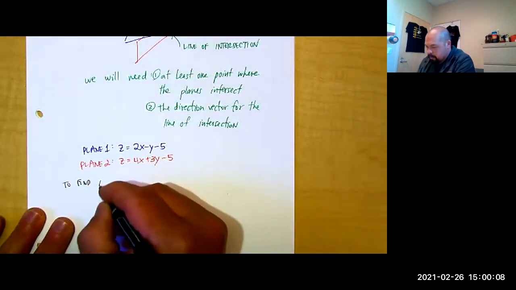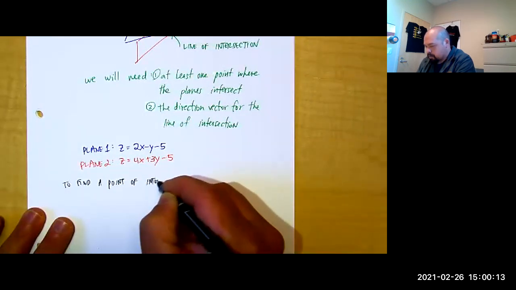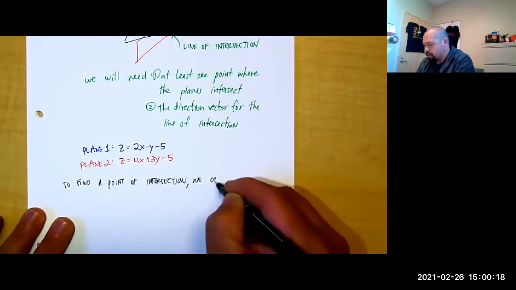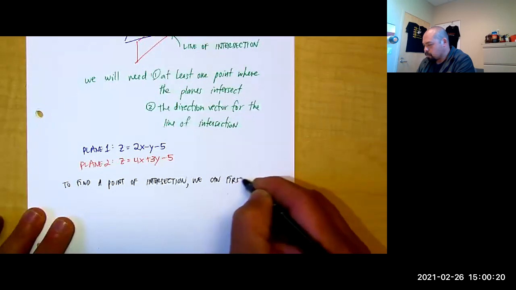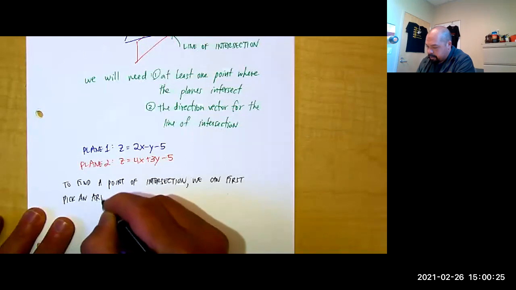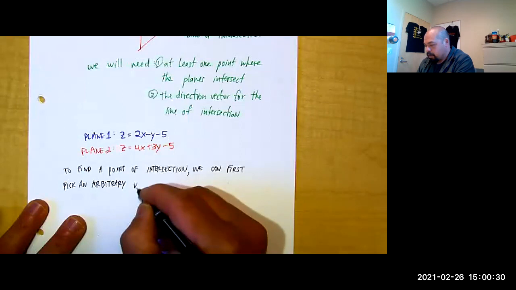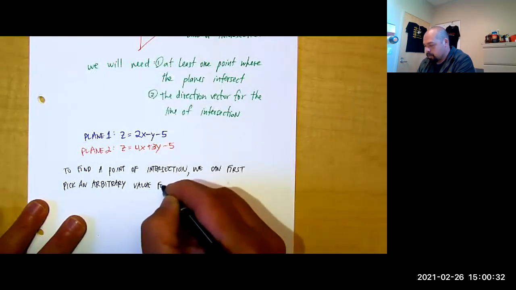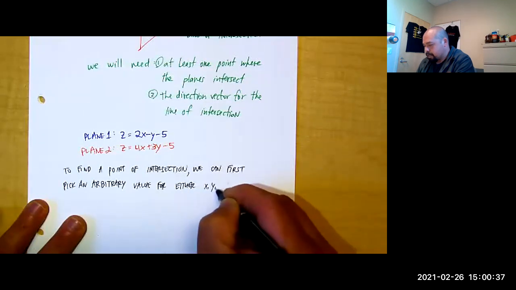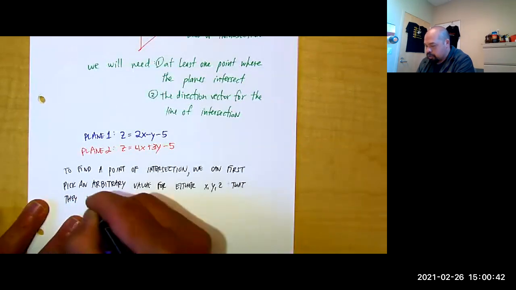To find a point of intersection, we can first pick an arbitrary, just some random value for either x, y, or z that they will share in common.